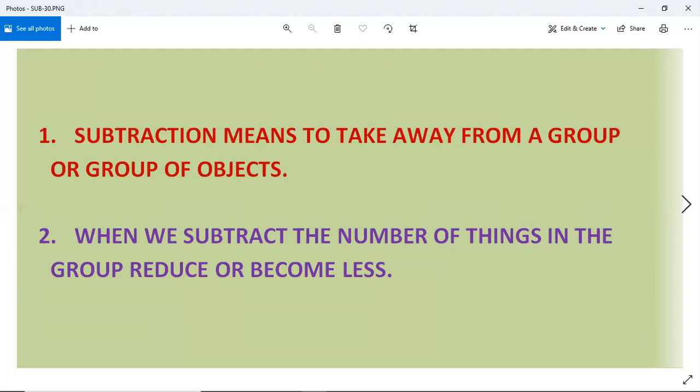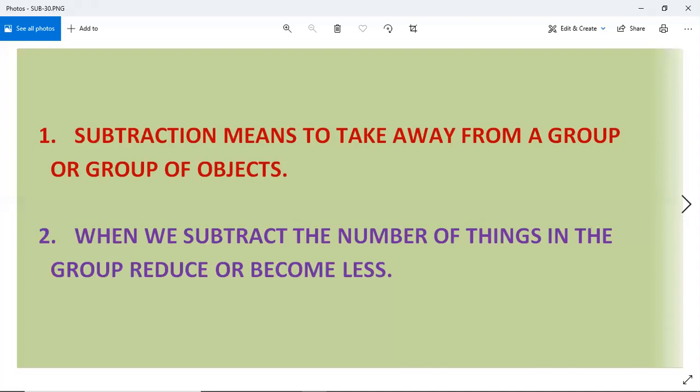We are left with 8 things. That means from a group of 10, if you take away 2 objects, your group of 10 gets reduced to 8. So this is what is meant by subtraction.